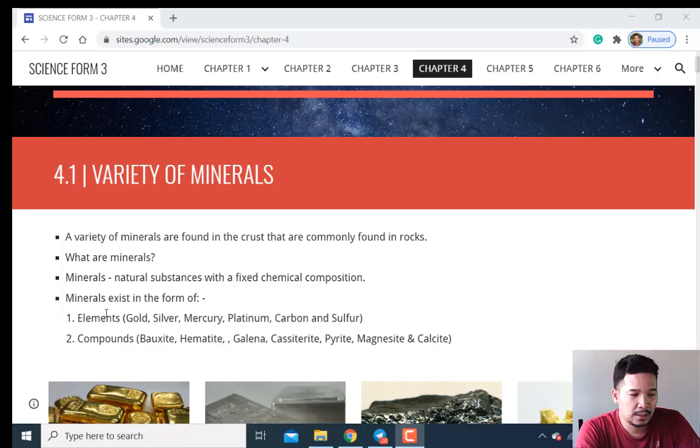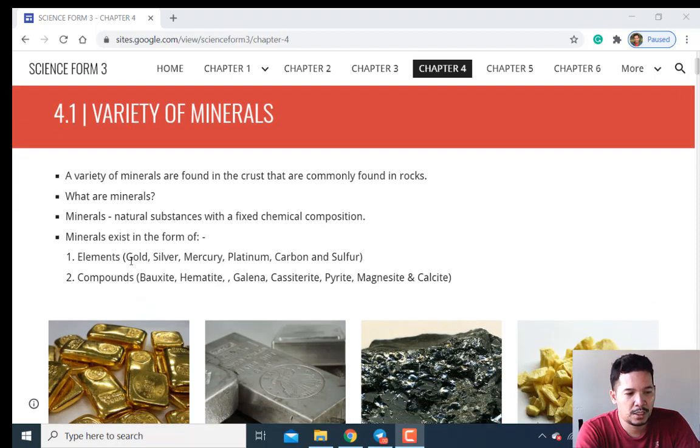Minerals exist in two types. Number one is element, and number two is compound. Examples of elements are gold, silver, mercury, platinum, carbon, and sulfur.